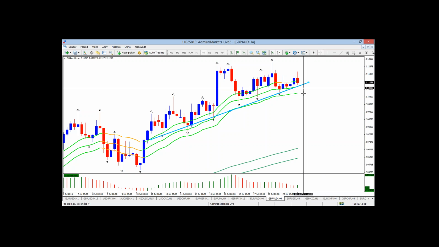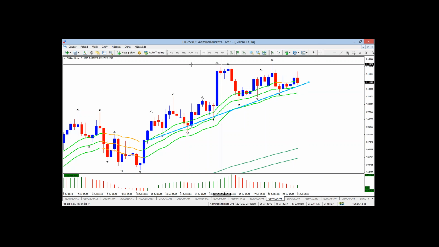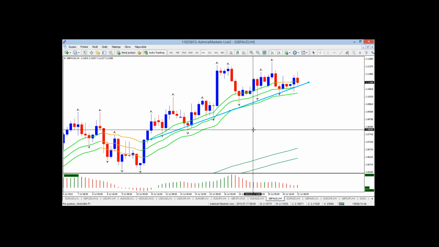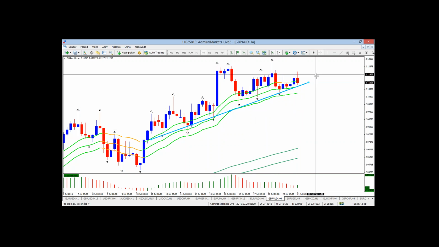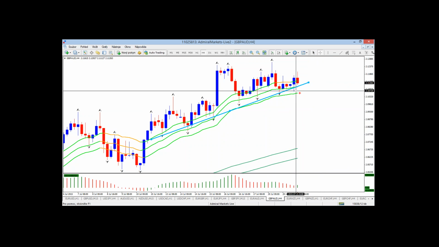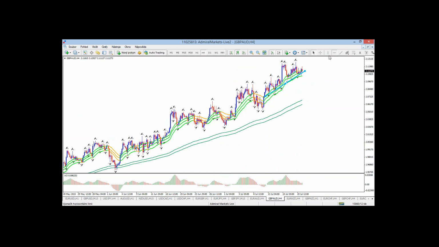And we could talk about it tomorrow probably again, because at this moment it doesn't look set up well for either. Maybe if it does push through with a good candle close like this below, it might make a hook back and fall down to the long-term moving average. I think it's too soon to tell though.